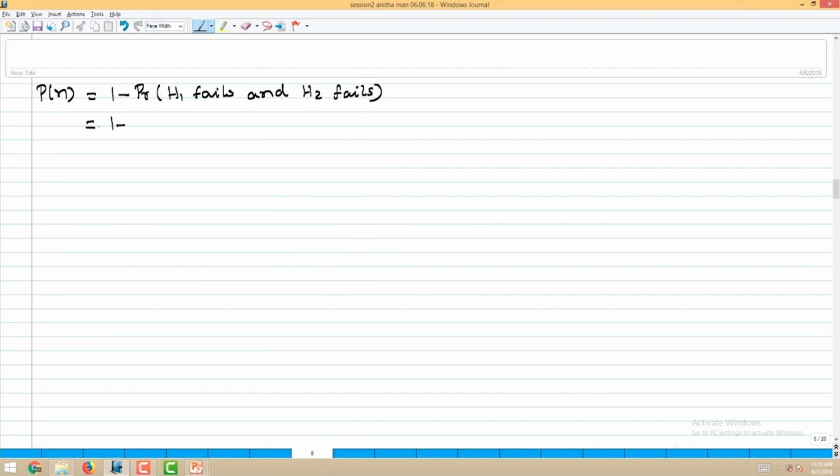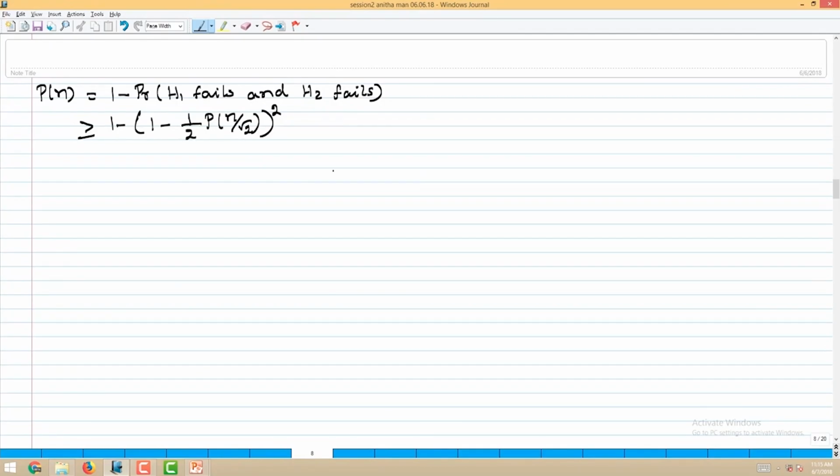So, this is greater than or equal to, correct, I am writing it as 1 minus 1 by 2 into P of n by root 2 the whole square. Why the whole square? For H1 one term and H2 both fails, correct.